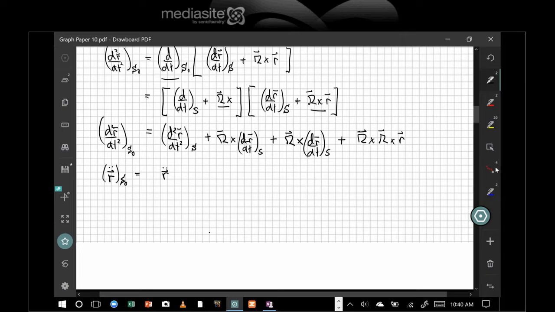So I can write this as omega, there's a 0 term, plus the cross of this here, that's in the S frame. And notice these two terms are the same. And the final thing is I take this, operate on this thing here, and that's just this sucker here, so I get this triple cross product. So that is the acceleration in the S naught frame, written in terms of stuff in the S frame, which is what we want.